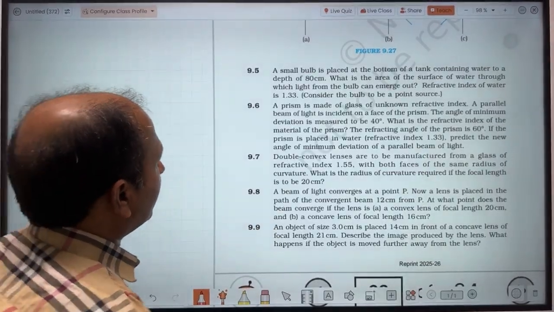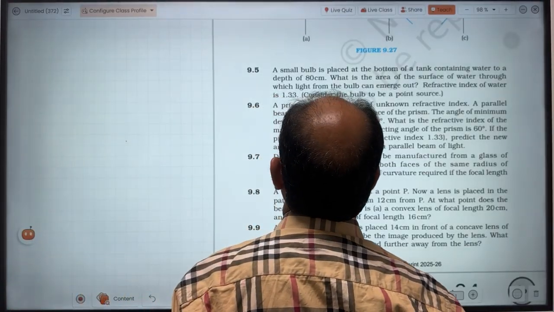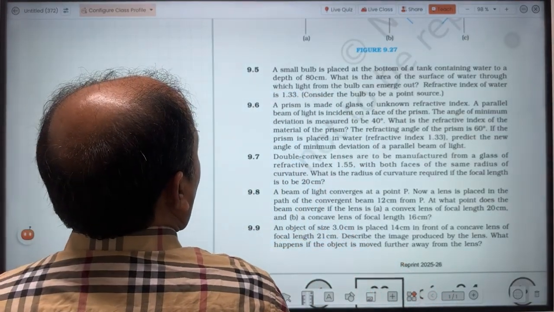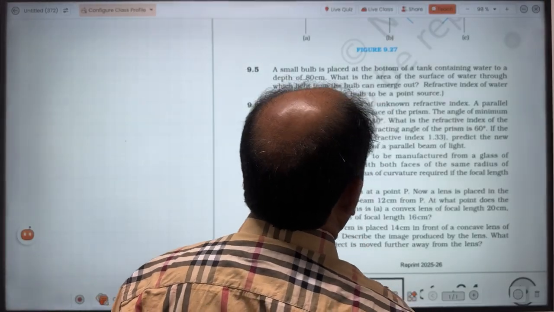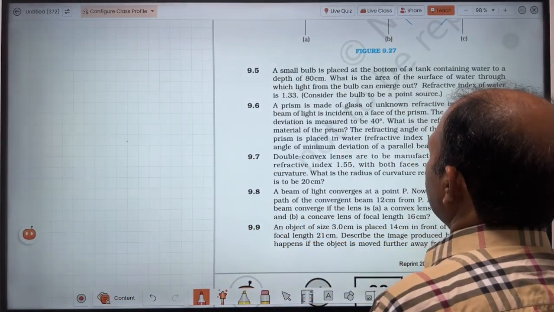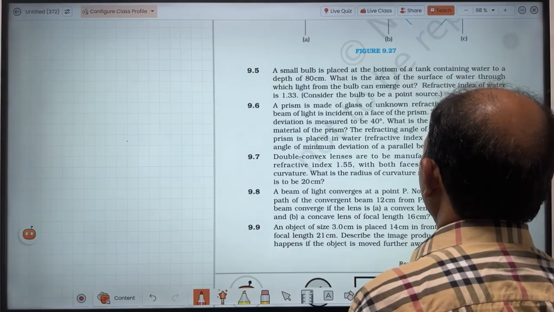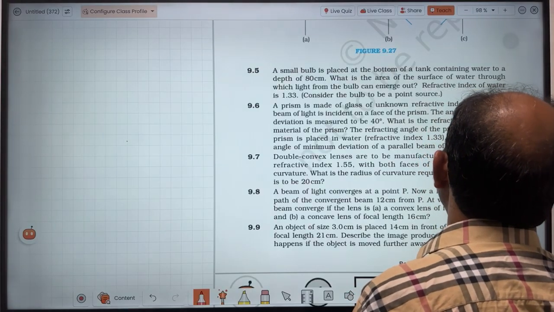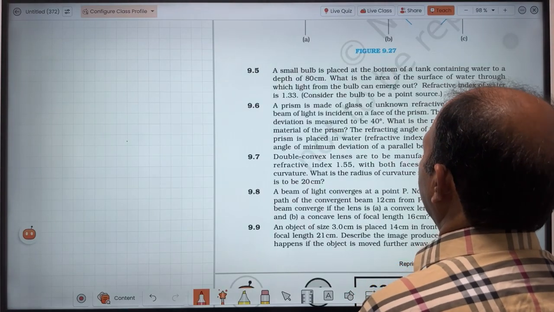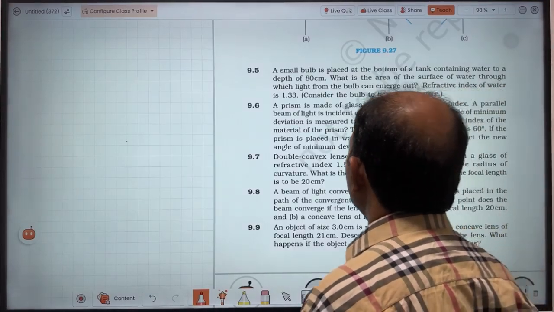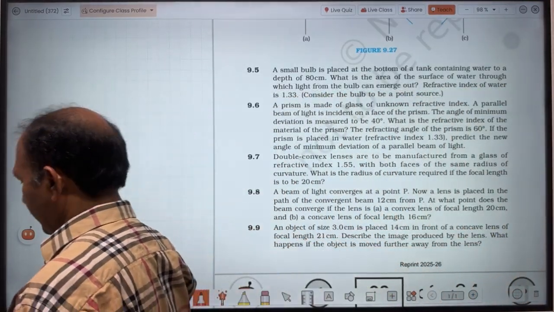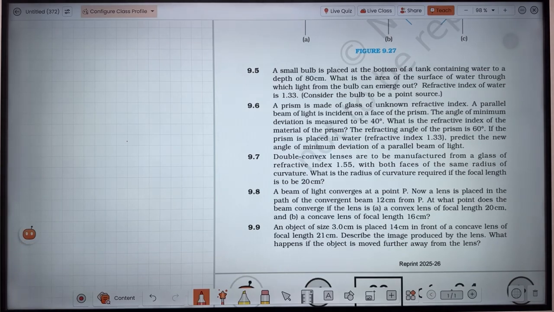Now what is the next question? The next question says: double convex lenses are to be manufactured from a glass of refractive index 1.55 with both faces of the same radius of curvature. What is the radius of curvature required if the focal length is to be 20 centimeter? Here we are going to make use of the lens maker's formula.